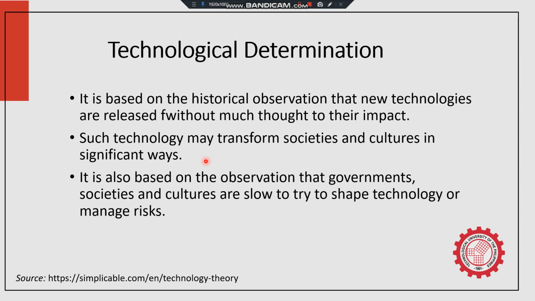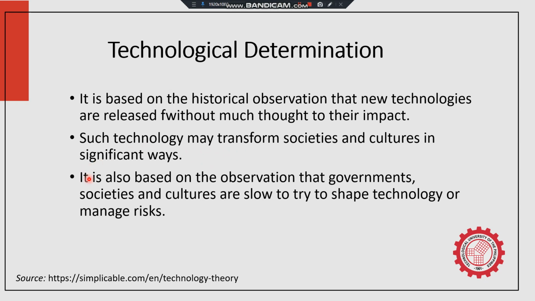The industrial revolution that we have mentioned before, it really changed the society and the culture. I hope you understand why, you could relate why it's called the industrial revolution.